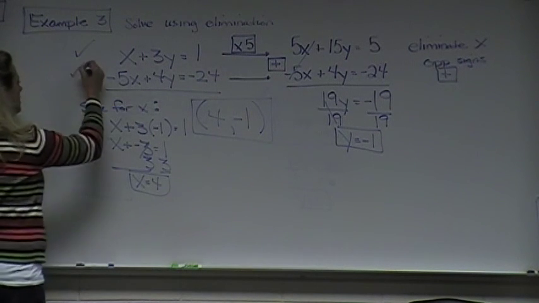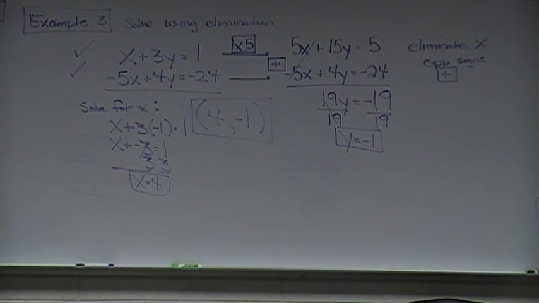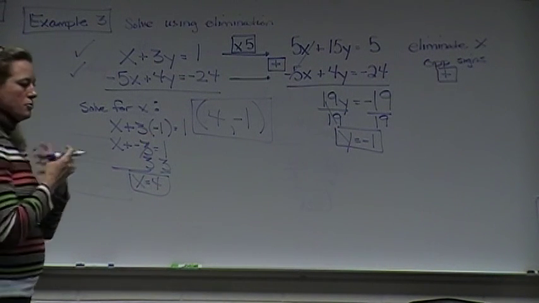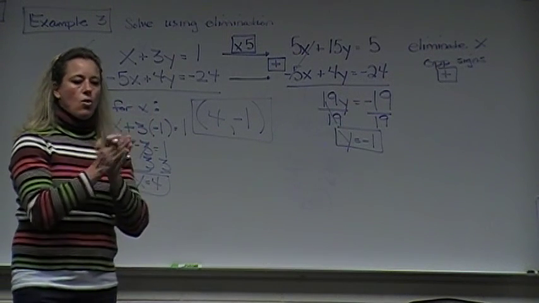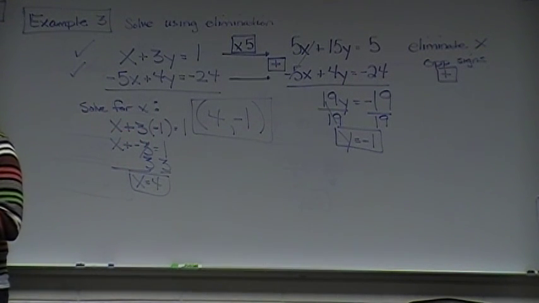Yep, so it checks. I know for 100% fact that my answer is right, without even Ms. Steele correcting this problem, because you checked it and it worked for both equations of the system. Both conditions of the system. Okay, we got one more and we're done.